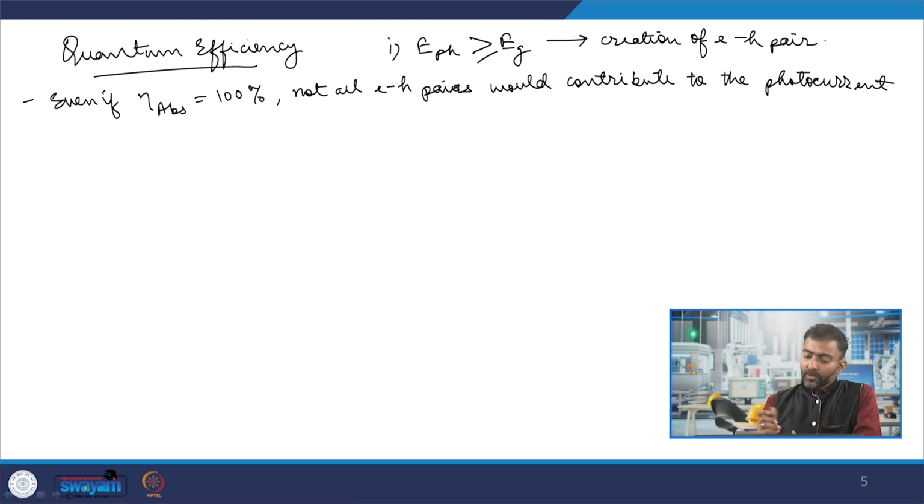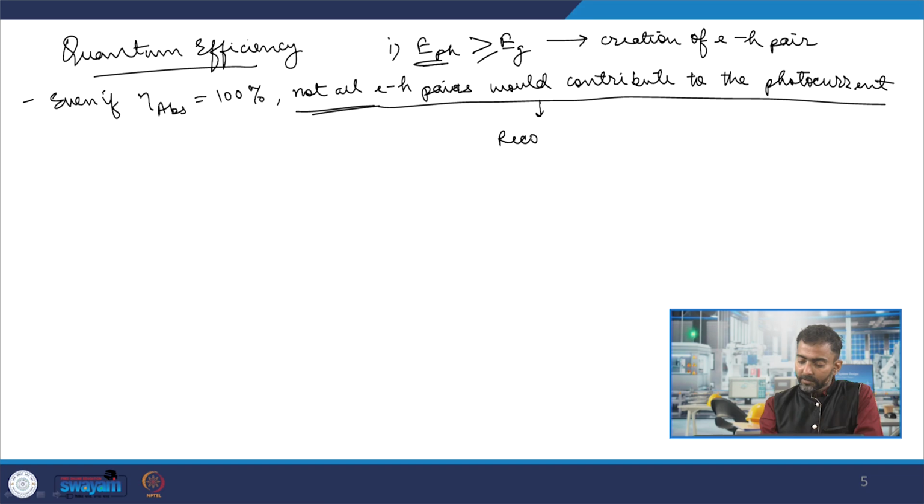Now, those photons which have the required energy, more than the band gap energy, create the electron hole pair. Out of all those created electron hole pairs, not all might contribute to photocurrent. The reason is recombination, because there are recombination phenomena also in the solar cell, as we discussed earlier.